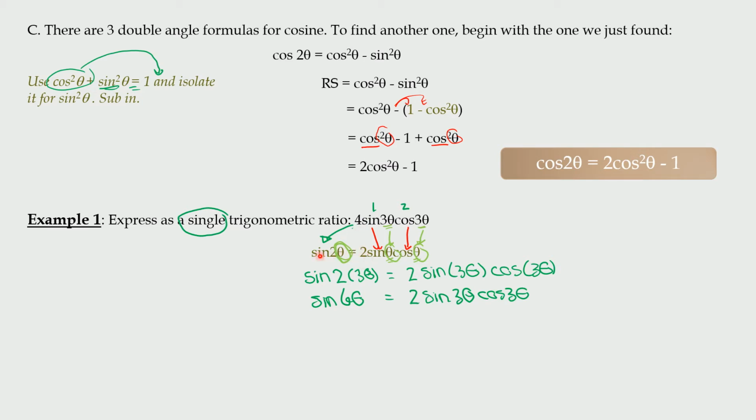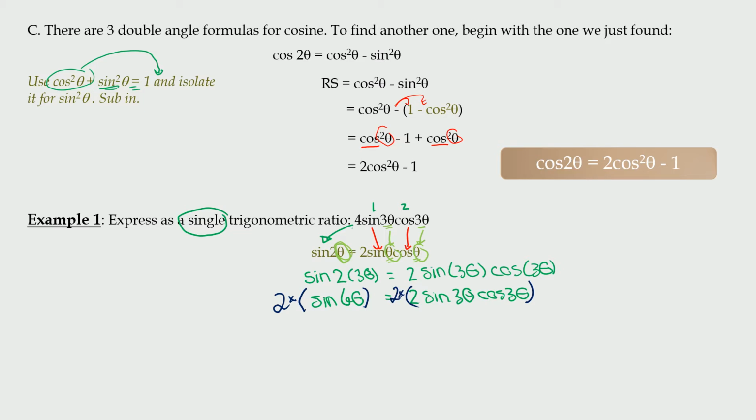I'm going to multiply both of these sides by a 2. So that keeps this equation still balanced, still true. But if I multiply this leading coefficient by a 2 and this leading coefficient by a 2, that will give me the 4 I need there. So my next step is to take this whole expression right here, both sides, and multiply it by 2. Multiply both sides by 2.